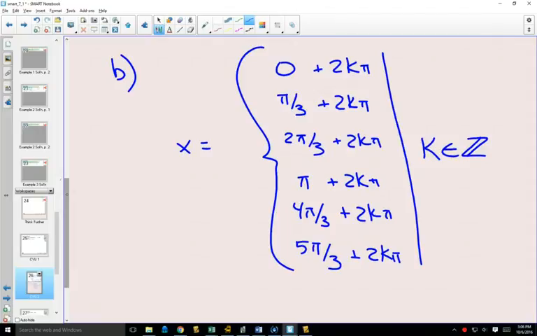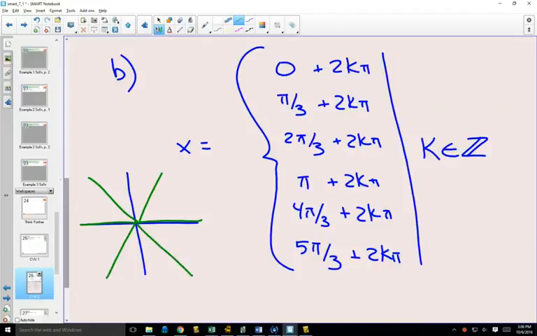If we think about where all of these answers are, we've got 0, pi over 3, 2 pi over 3, pi, 4 pi over 3, 5 pi over 3. What is the distance between each of those? Pi over 3, right?